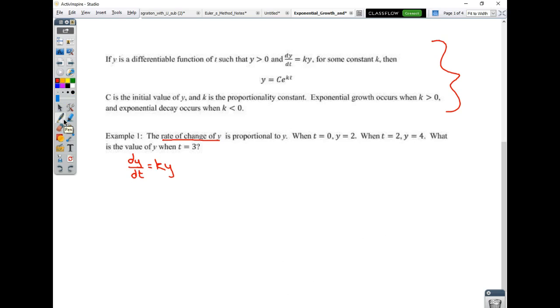For those of you who remember, when you were going through interest specifically, you started talking about things like compounded quarterly, compounded annually. Then, of course, you got to compounded continuously. They said that compounded continuously means it's basically compounded an infinite number of times. Can I compound something an infinite number of times?